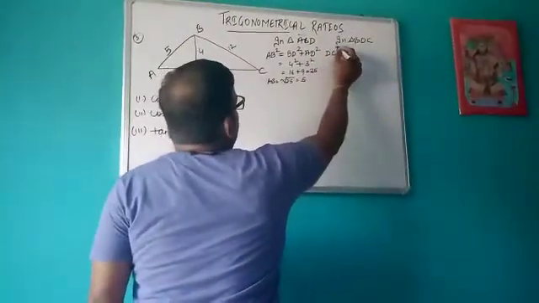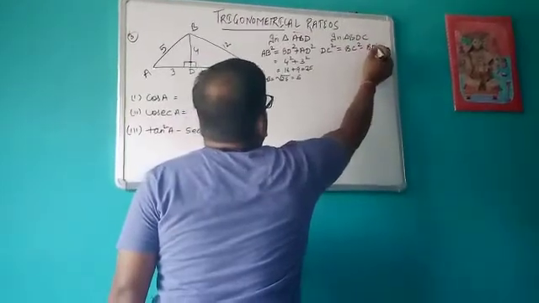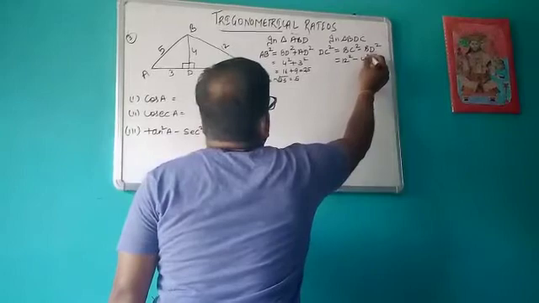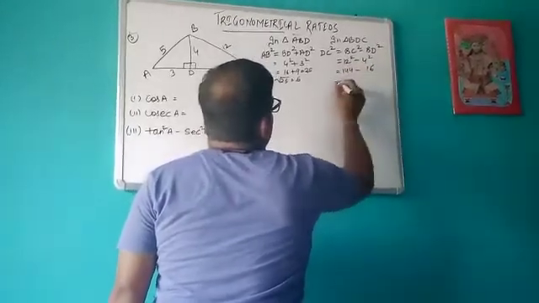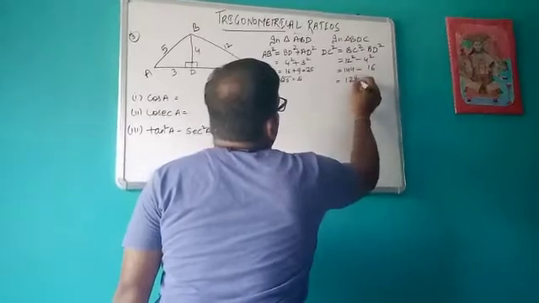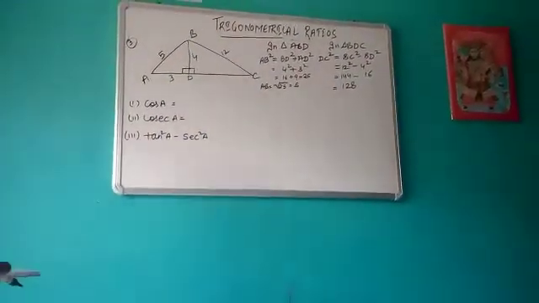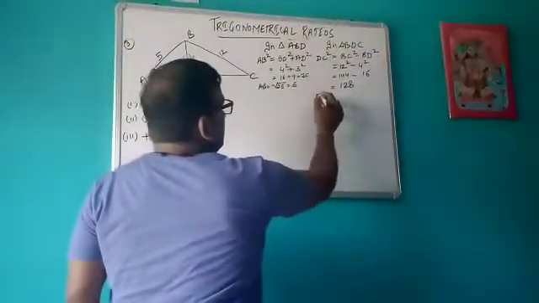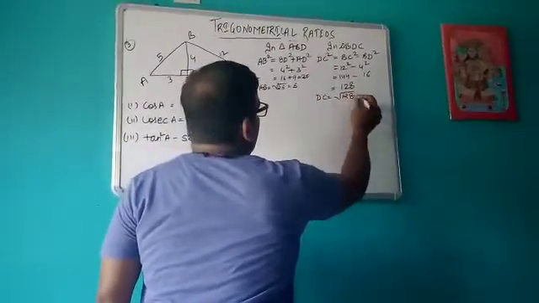DC square is equal to BC square minus BD square, that is 12 square minus 4 square, 144 minus 16, that is 128. So DC will be the square root of 128.